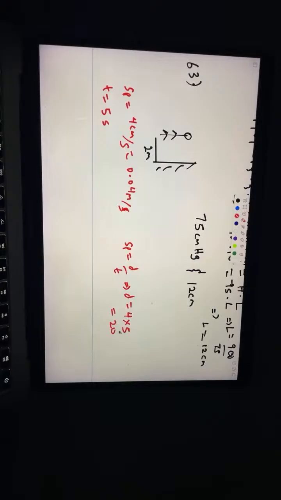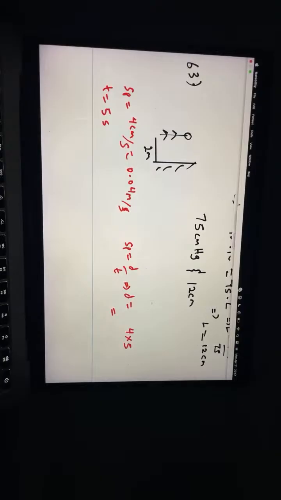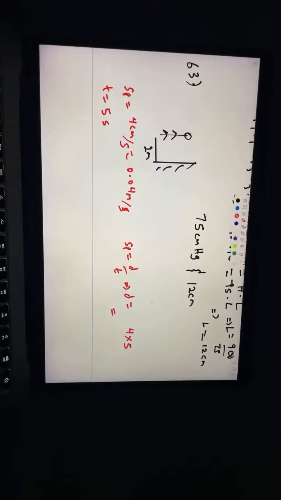Oh, so the speed is not 4, it's 0.04. So 0.04 times 5 will be 0.2 meters.